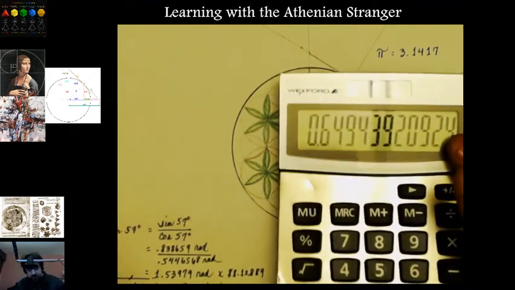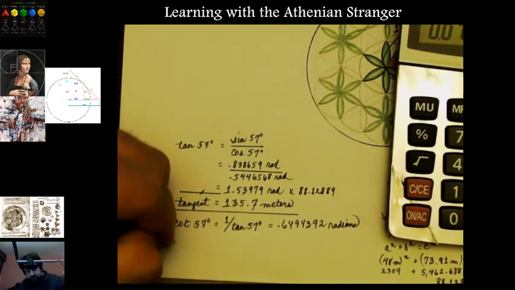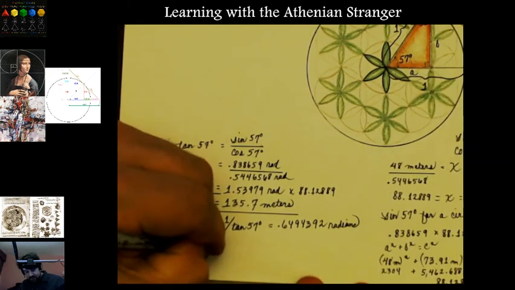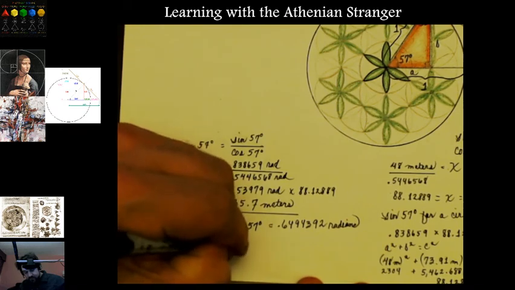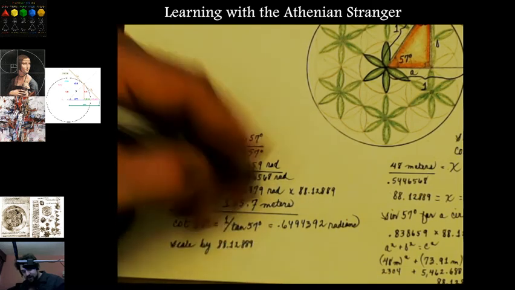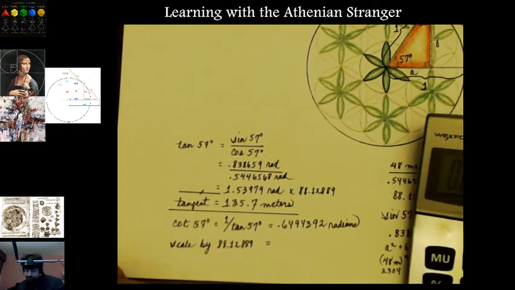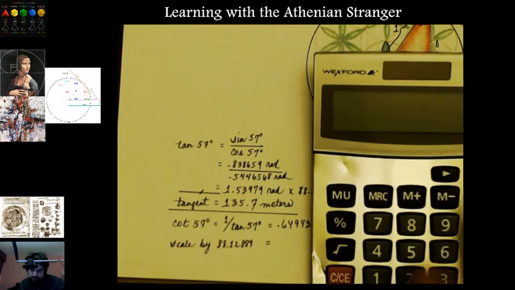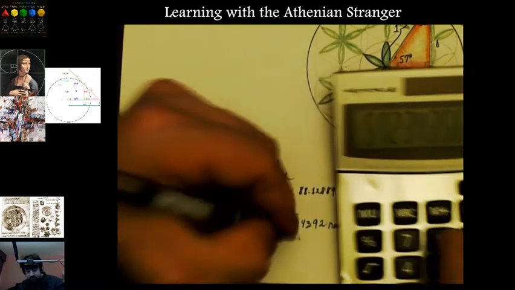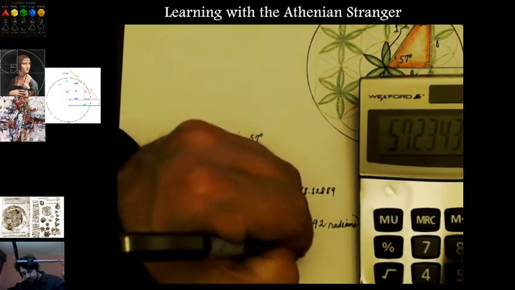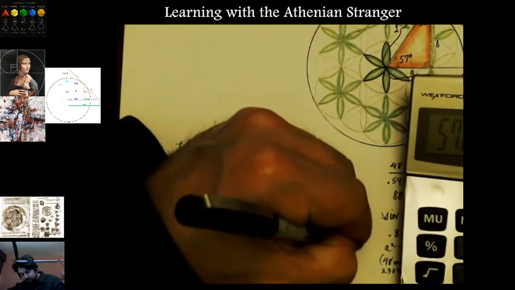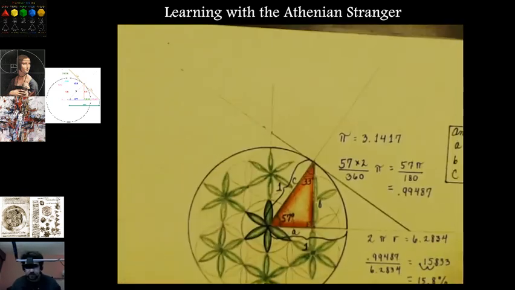Now, if we scale up, go back, scale by 88.12889, we get this times 88.12889 equals 57.2343 meters. I'll show you something cool.